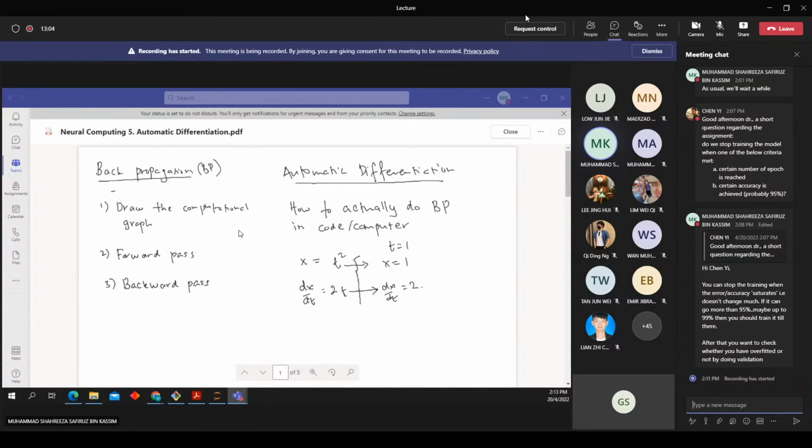Just to recap what we've done last week: the automatic differentiation, the forward pass or forward AD.